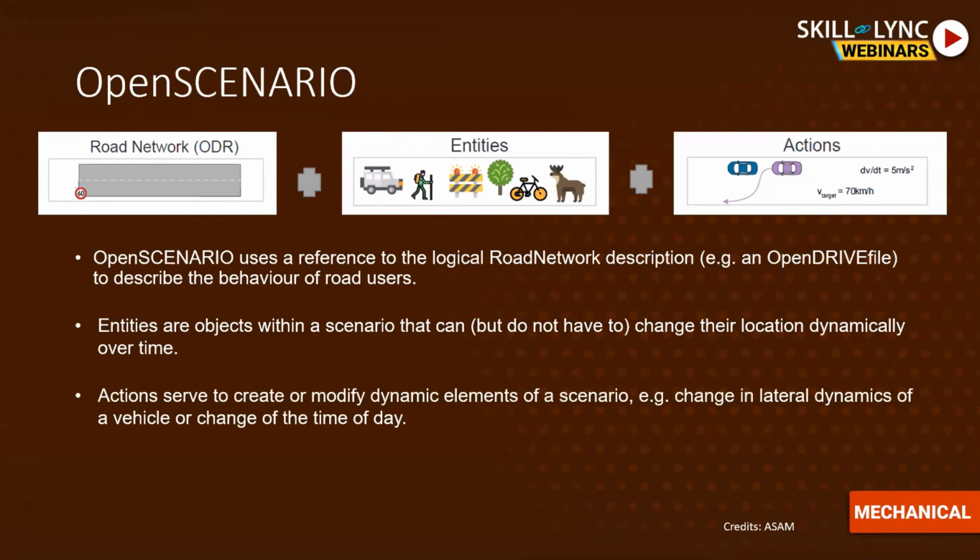And the third or the upper level is the actions. In these actions, we create a scenario where the non-performing character or anything can change. For an example, the non-performing character is trying to overtake our self-driving car.